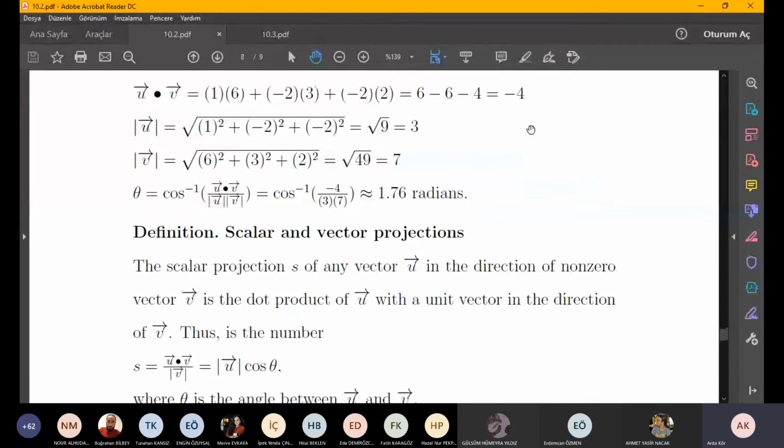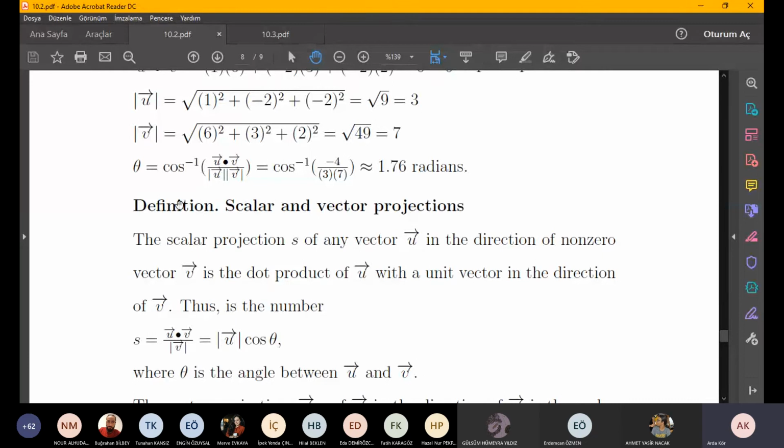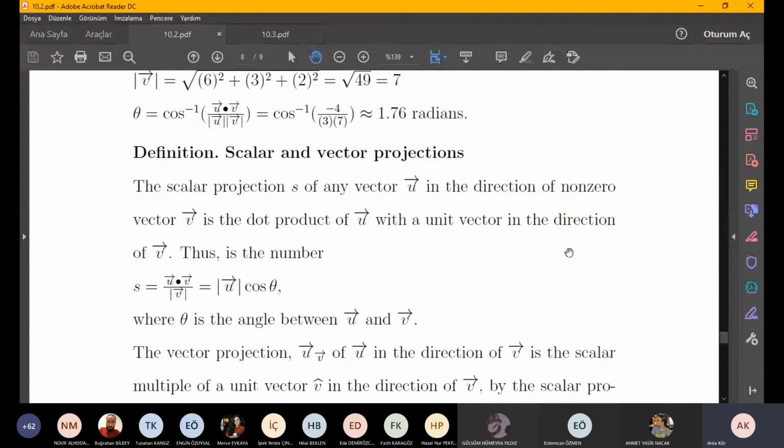Keep that in mind, because in section 10.6 we will see the cross product, which will be a vector, not a scalar. And for the last definition here, we will talk about scalar and vector projections, generally in 3-dimensional space.